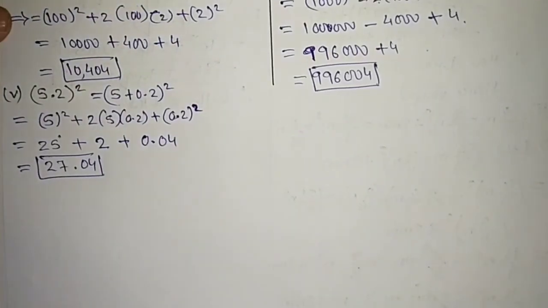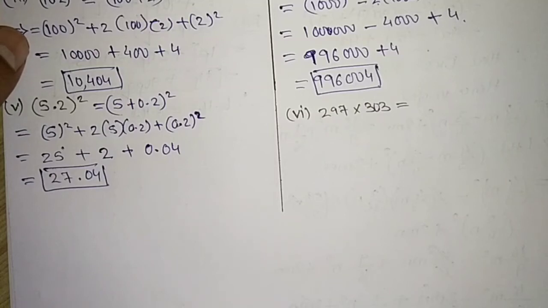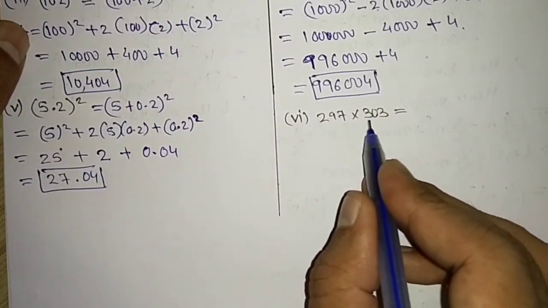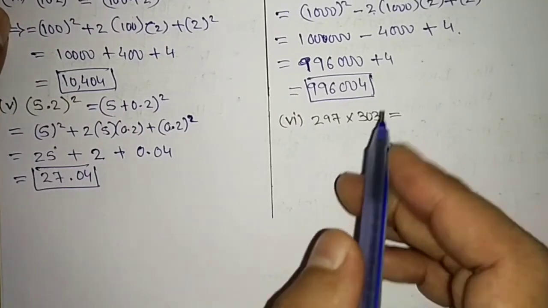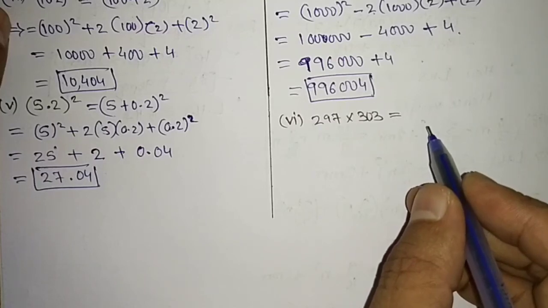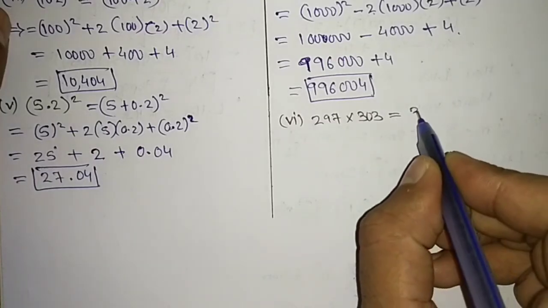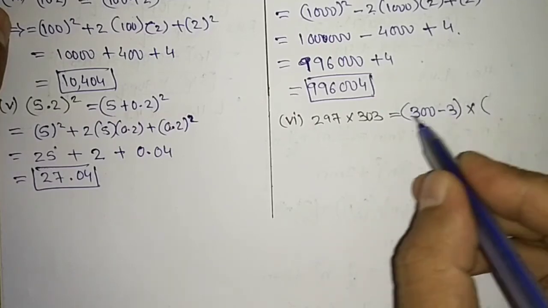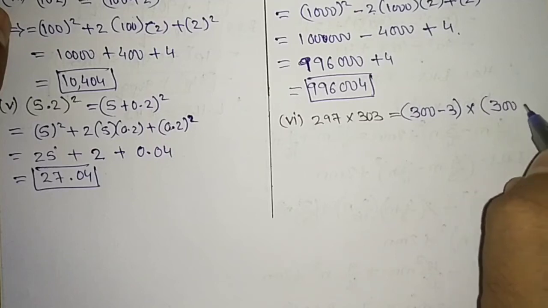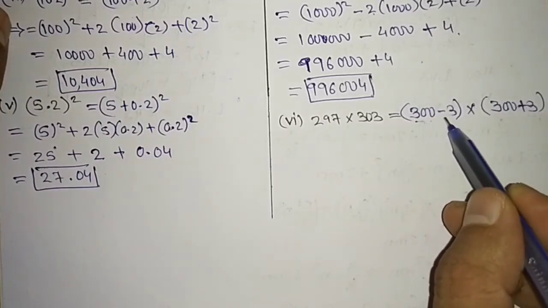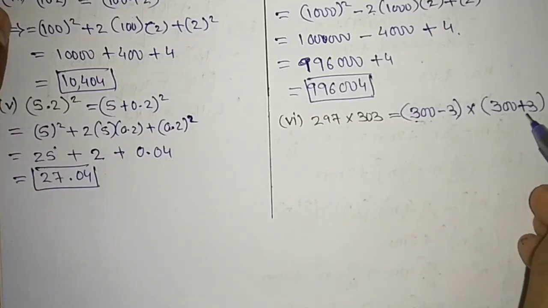Now moving to the sixth part. Sixth part has two numbers, that is 297 into 303. We can't simply multiply, we are supposed to use identity. So what I will do, I will write 297 as 300 minus 3 multiplied by 300 plus 3. So now if you see properly, I have a minus b and a plus b.